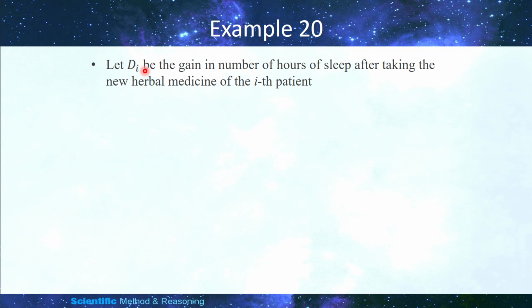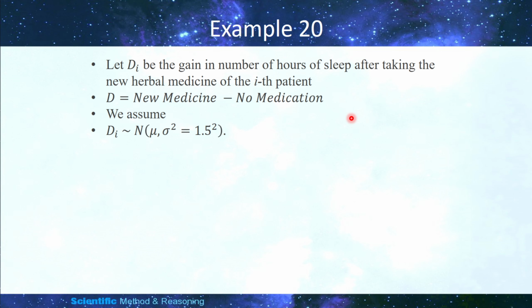And we denote that by D_i, representing the gain in the number of hours of sleep after taking the new herbal medicine, for the i-th patient, i equals 1, 2, 3, up to 12. Where D_i is simply the number of hours of sleep one gets after taking the new medication, minus that before taking the new medication.